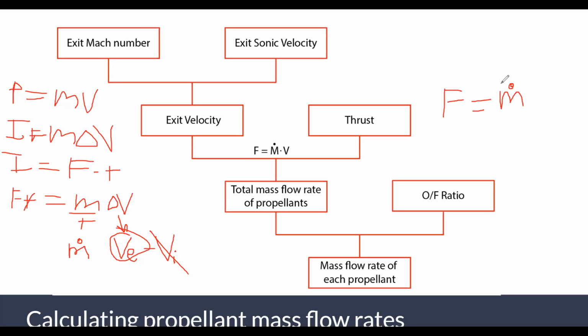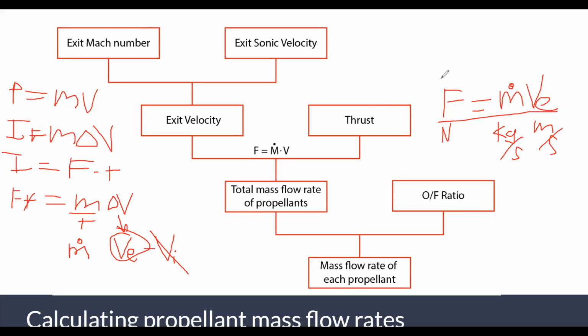And then that mass flow rate times your exit velocity gives you thrust. And all the units for this: force is in newtons, mass flow rate is in kilograms per second, and velocity is in meters per second. Yeah, I would recommend doing all of this math in the metric system, because the imperial system is a big headache. Lots of unit conversions that need to happen there.